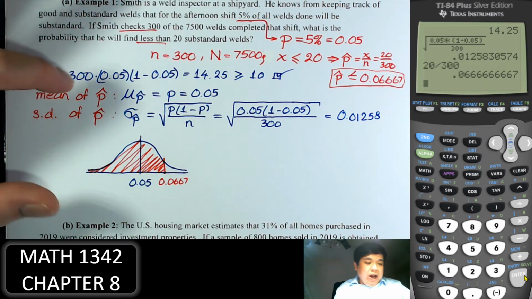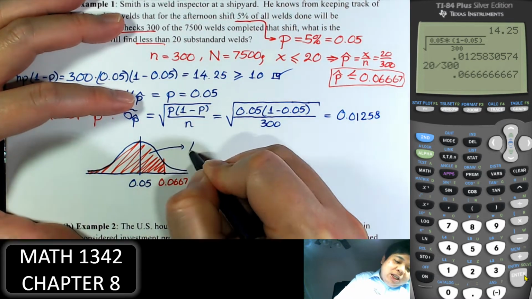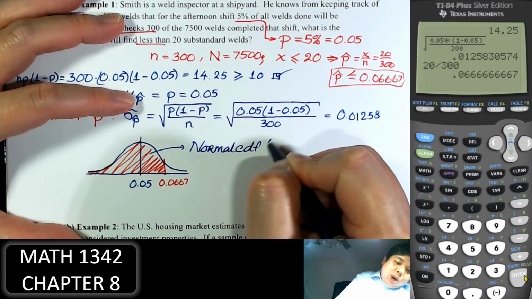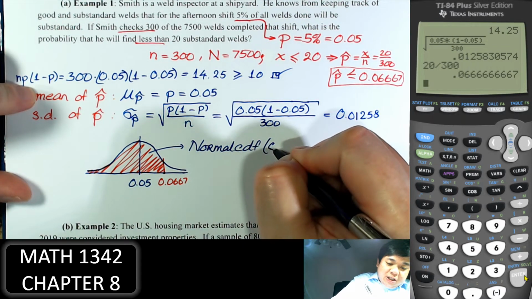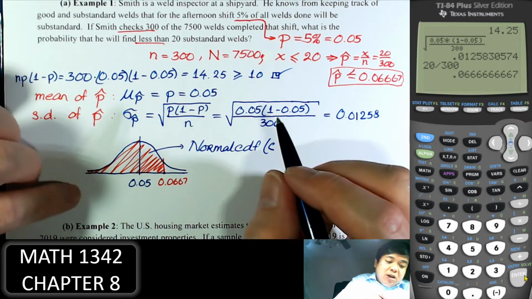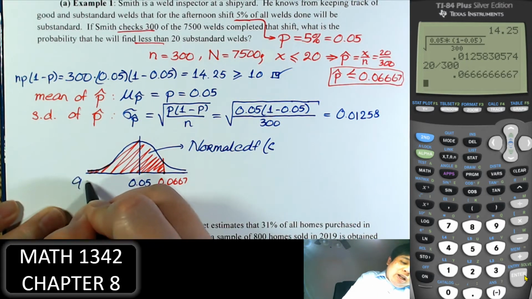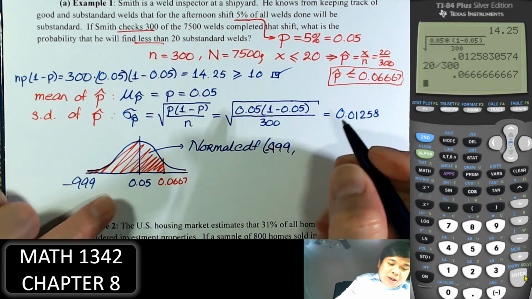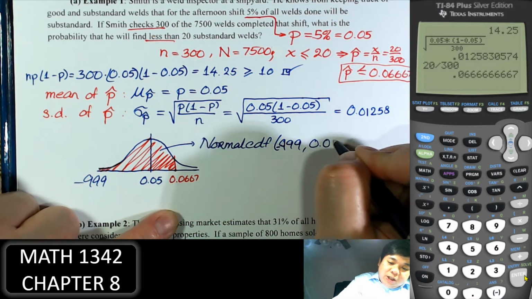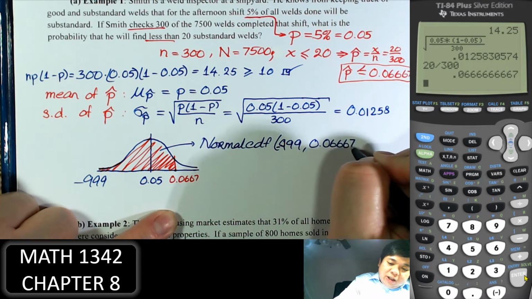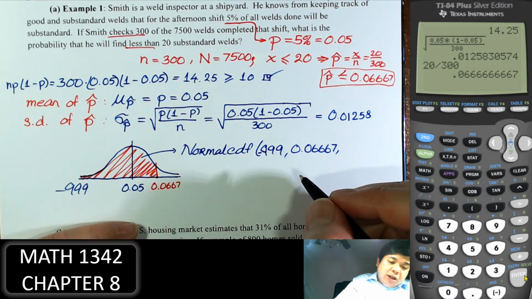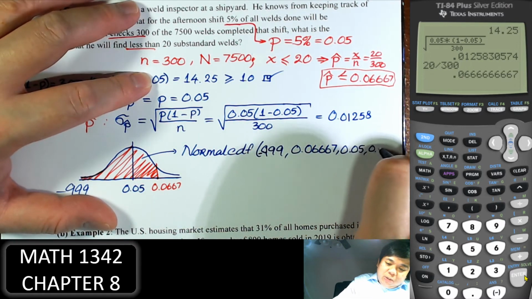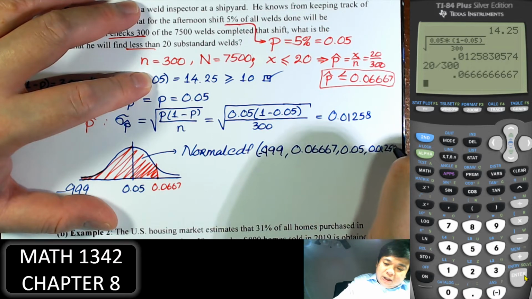So this is just normal CDF, where we can calculate the mean and standard deviation, but the boundary from the left, let's go from -999, at the right of 0.06667, the mean 0.05, standard deviation 0.01258.